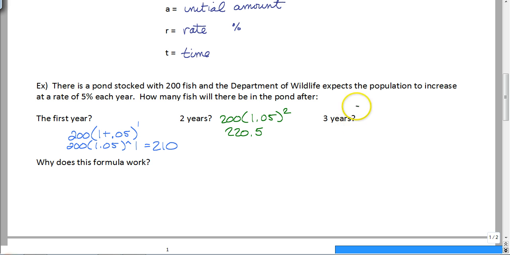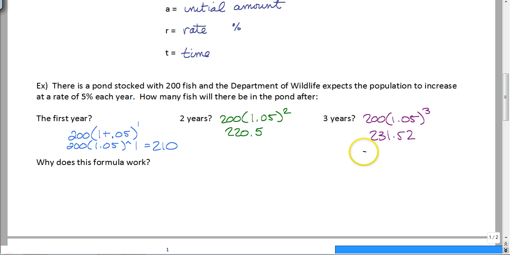Last example, 3 years. That would be 200 fish for the original times 1.05 for your 5% growth raised to the third power, and that would give you 231.52 fish. Now, of course, I know you can't have 0.52 fish, but this is just how the formula works.